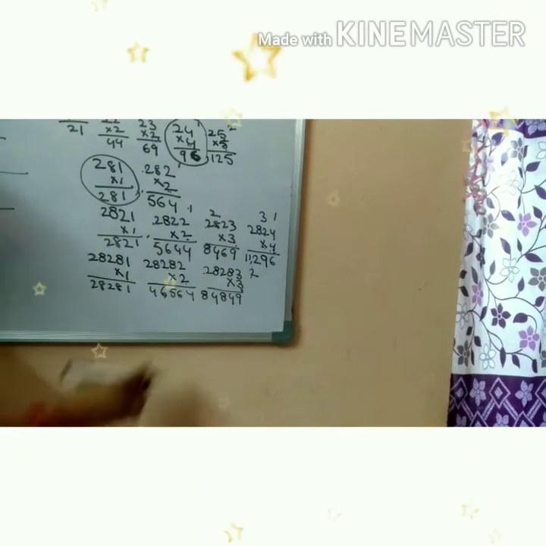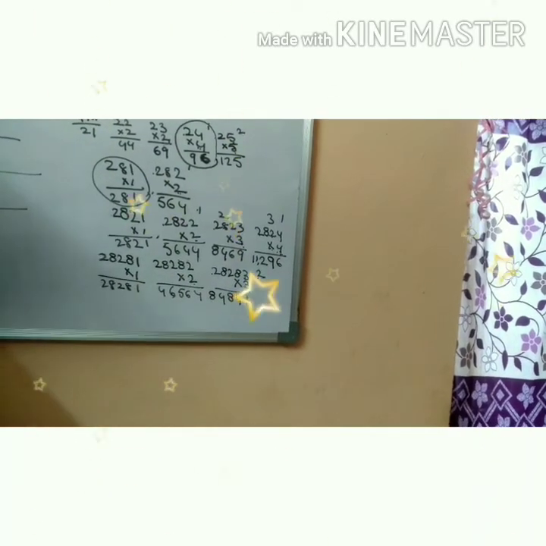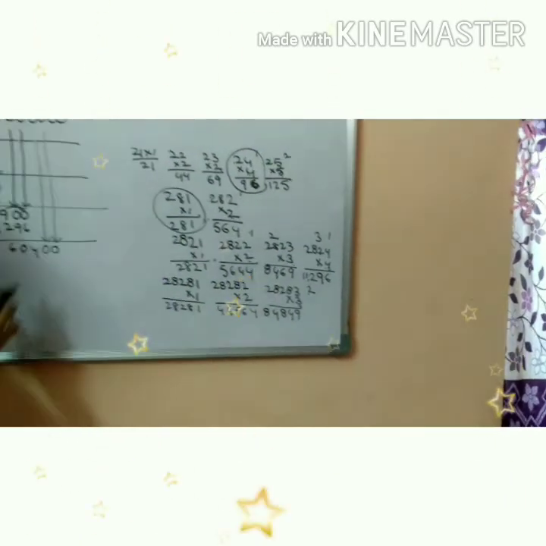So here in this case 84,849. So which number is multiplied, nearest number?